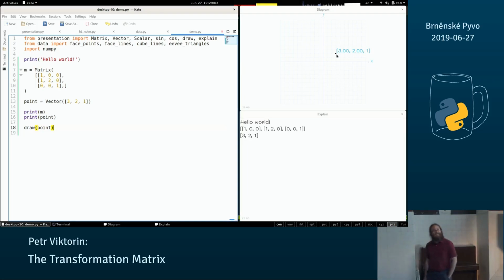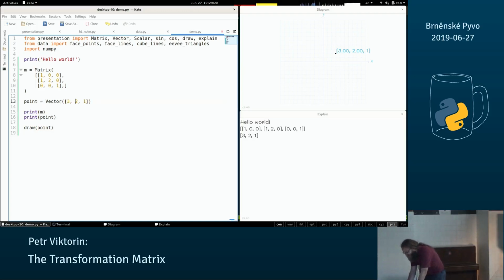So the 3 means the x coordinate, how far on the right of that line it is. The second number is the y coordinate, how far up from the other line it is. Very familiar with coordinates, I guess. Right? Okay? So I draw that point.